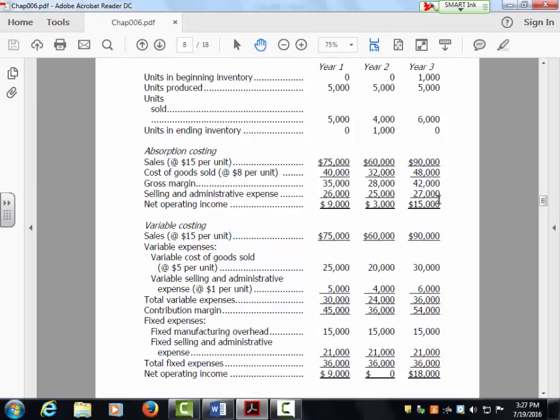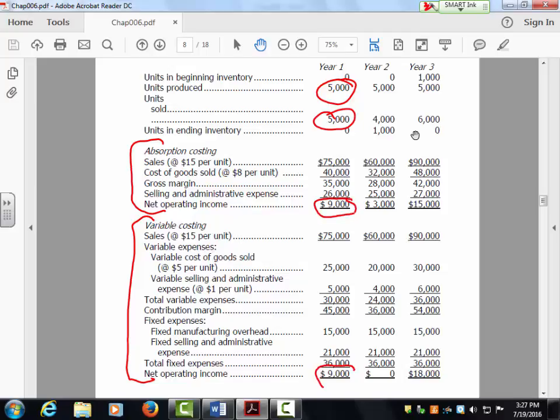There we go. So in the first year, we're going to have the absorption costing versus variable. You're going to make 5,000 units and sell 5,000. So the ultimate issue is there's no difference in net income because you sold everything you made.